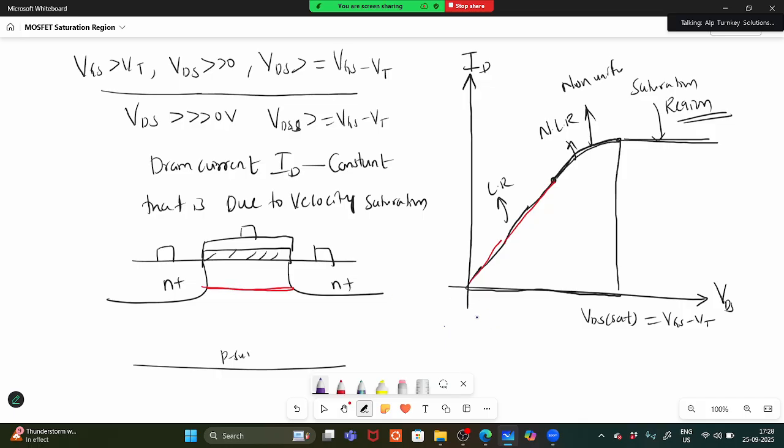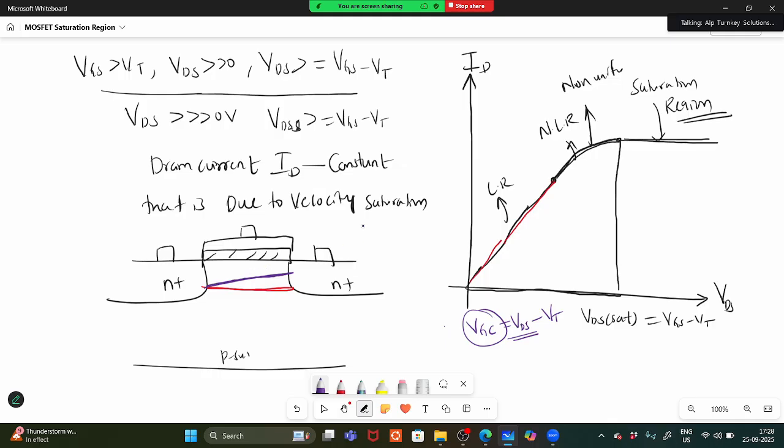Last class I told you VGC equals VGS minus VT. So the gate to channel potential increases, which means the channel becomes non-uniform.